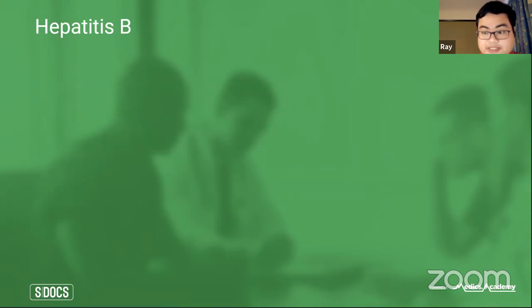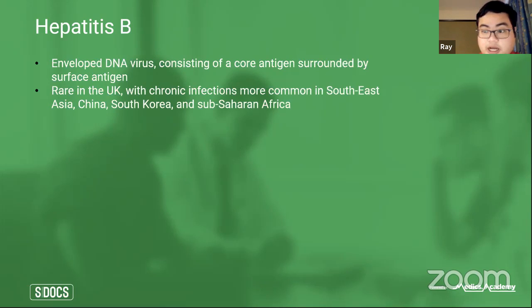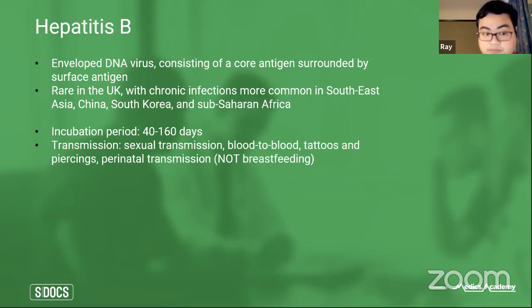So that was hepatitis A, and for the remainder of this part, we're going to touch upon hepatitis B. Different from hepatitis A, hepatitis B is an enveloped DNA virus consisting of a core antigen and surface antigen, okay? And it is very rare in the UK, with chronic infections more common in places such as Southeast Asia, China, South Korea, and Sub-Saharan Africa.